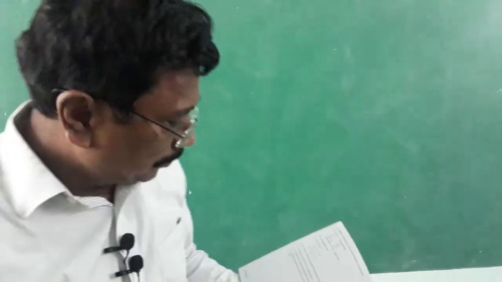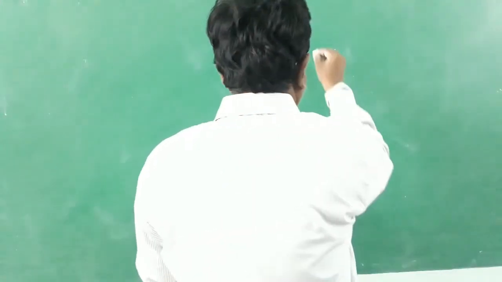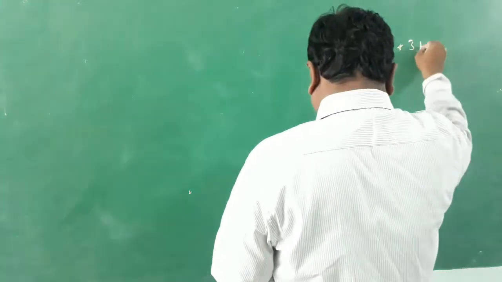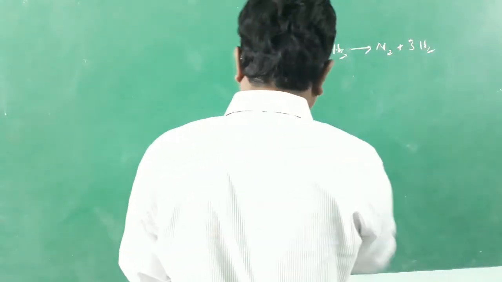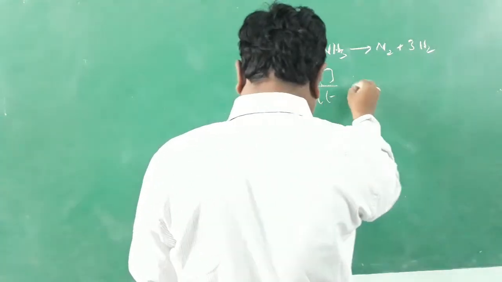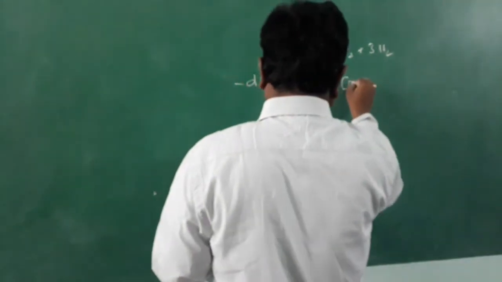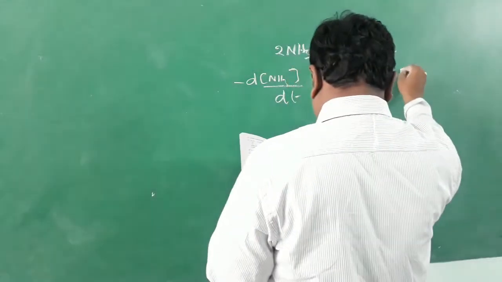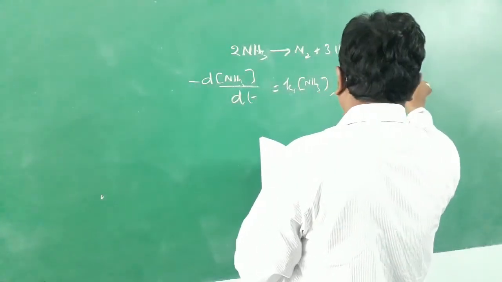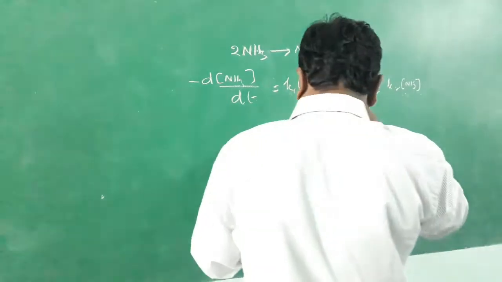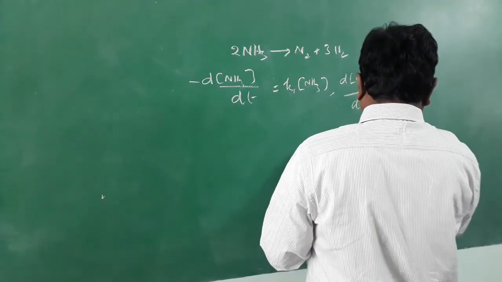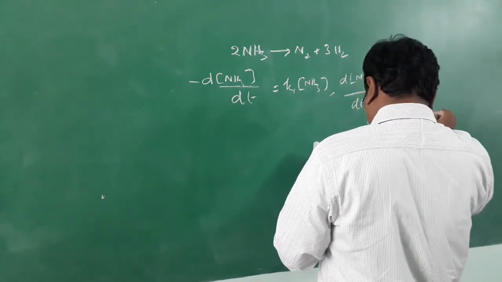Fifth question. For the reaction 2NH3 gives N2 plus 3H2, if minus d of NH3 by dt is equal to K1 into concentration of NH3, d of N2 by dt is equal to K2 into concentration of NH3, and for d of H2 by dt, it is given as K3 into molar concentration of NH3.